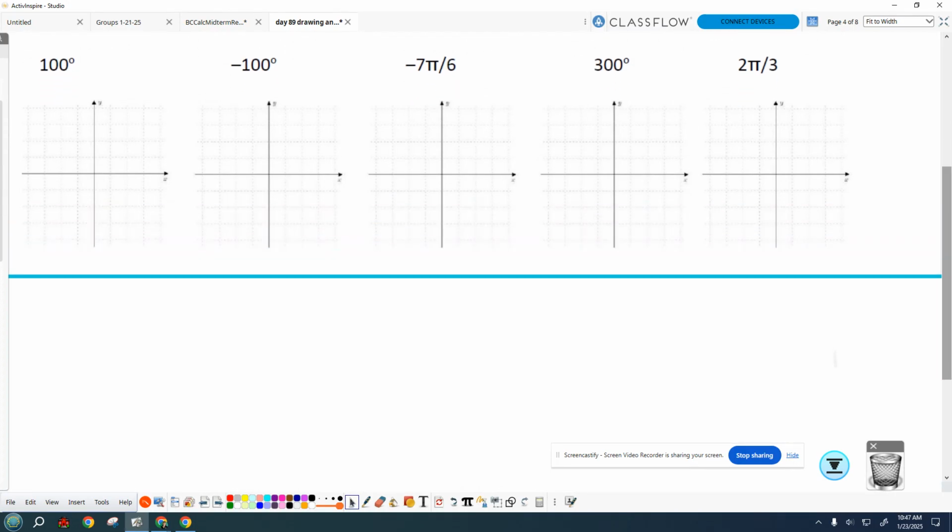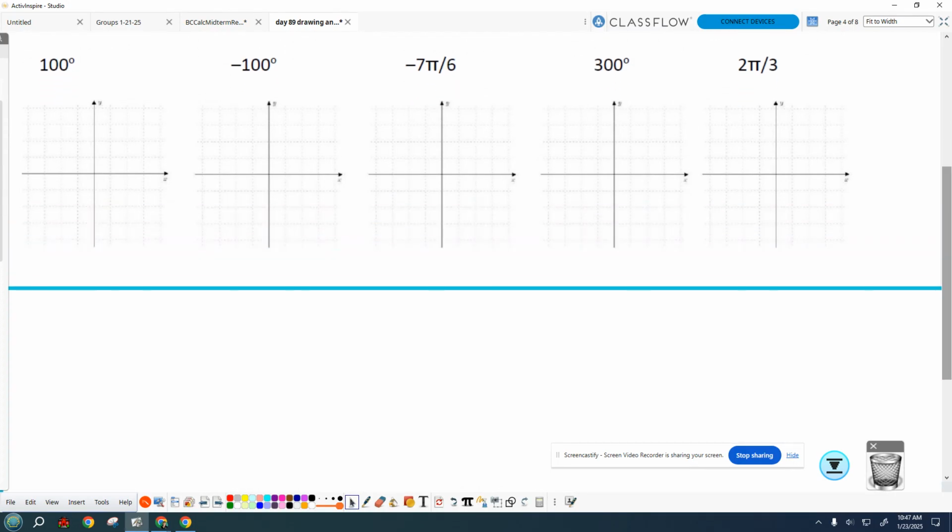Trying a couple more. Actually, I would like you guys to come up and draw the angles on here. Rakib, can you draw 100 degrees? Maud, can you draw 100 degrees? Alistair, can you draw negative 100 degrees?